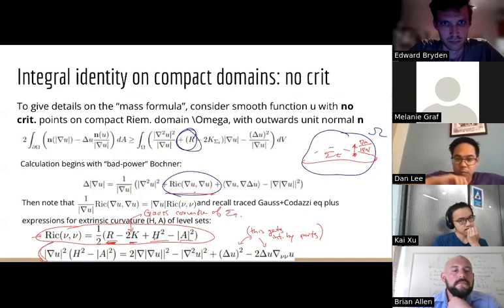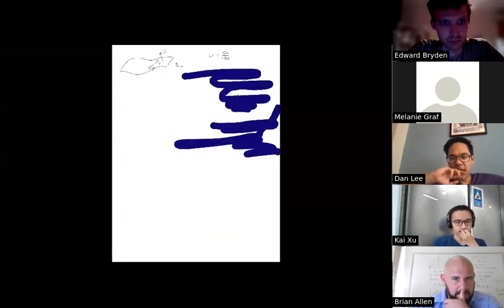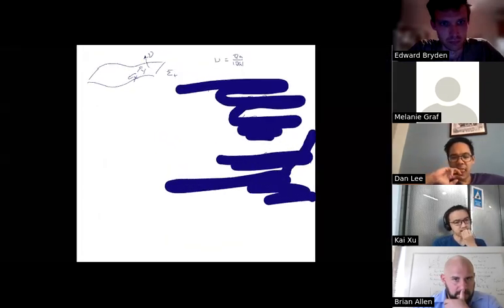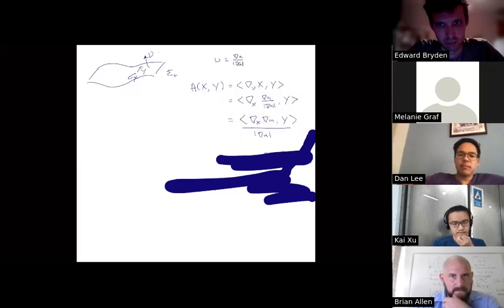And then notice that you can write extrinsic curvature in terms of the function and its second derivatives. If you haven't seen that before, let me remind you briefly. This is basic Riemannian geometry stuff, but I just decided to include some detail. Why not? So, the second fundamental form: I've got some submanifold like this, and two tangential vector fields, X and Y. I want to compute the second fundamental form.